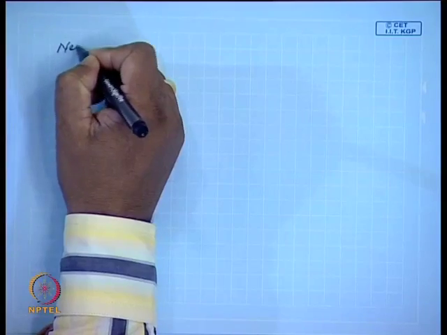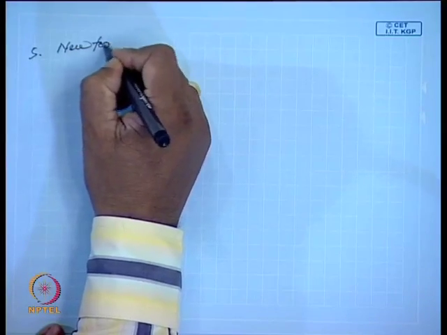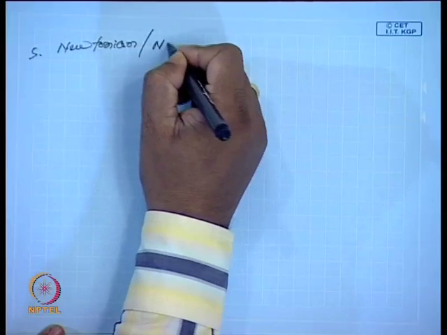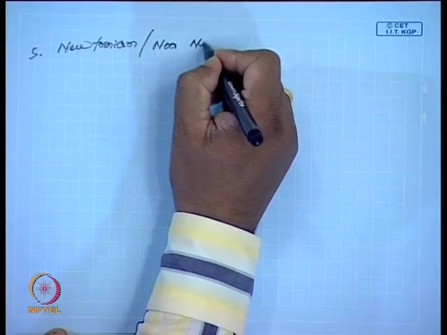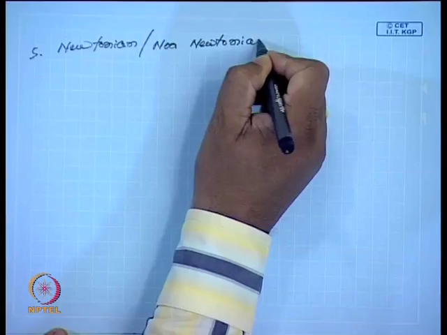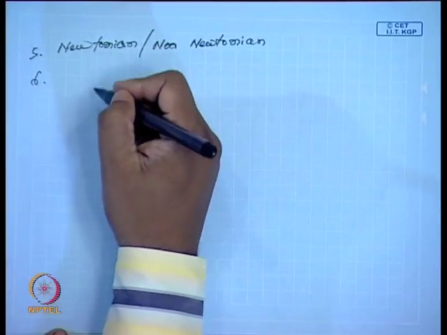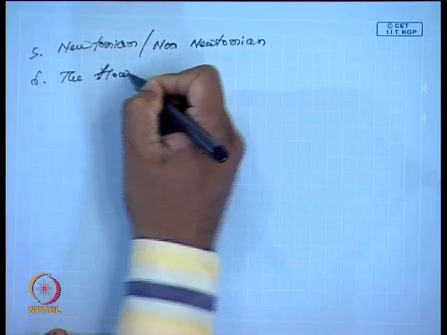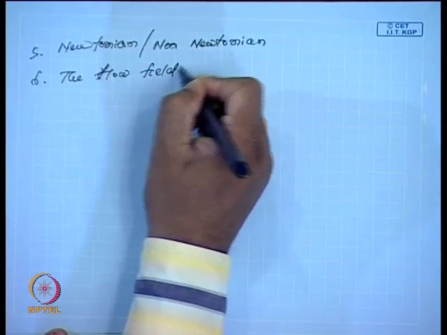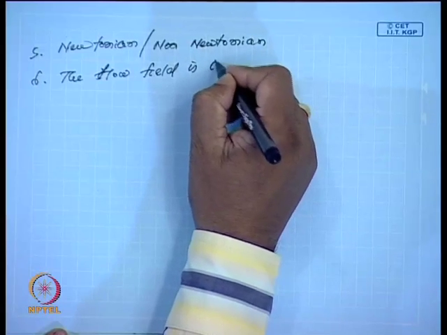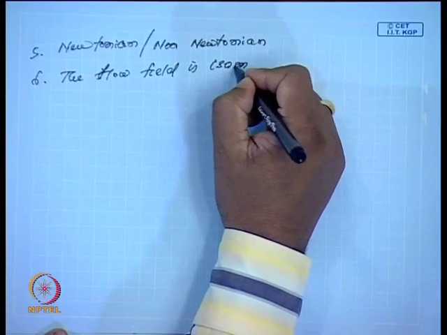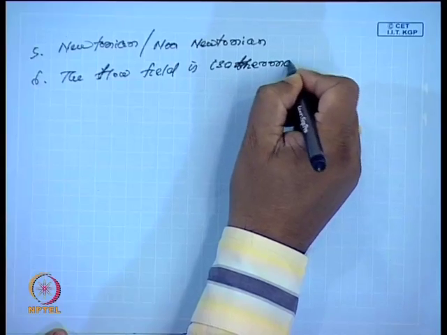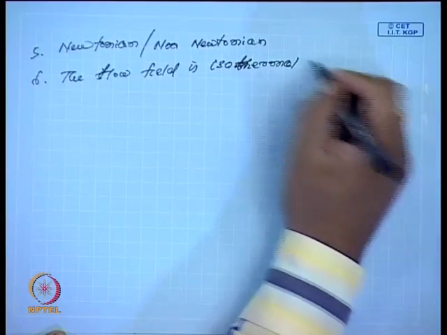Then some of the other characteristics: the flow can be Newtonian or non-Newtonian. The flow field can be isothermal or temperature dependent.